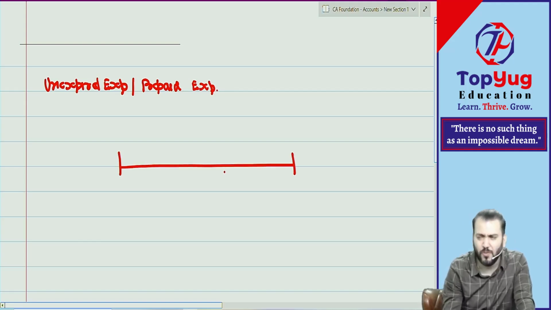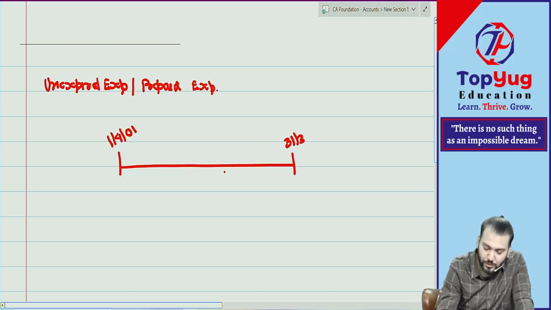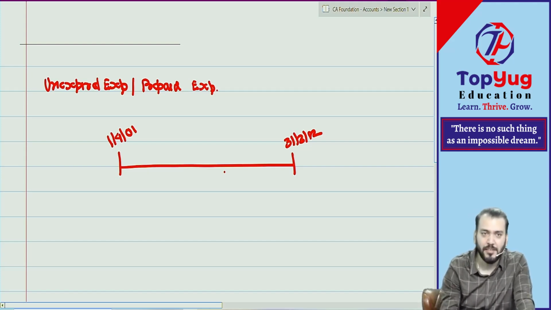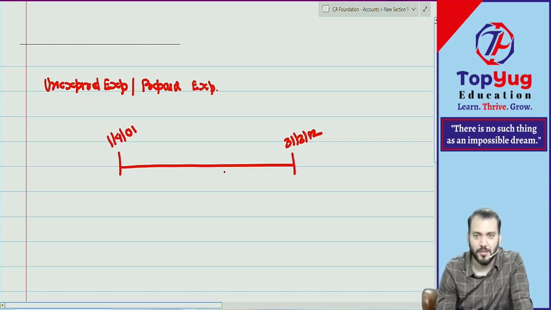Normally it is used for insurance expense. For example, this is our accounting period, 1/4/2001 to 31st March 2002. If you have taken an insurance policy at the beginning of the year and paid for 12 months, then whatever you paid is the expense of the current year.